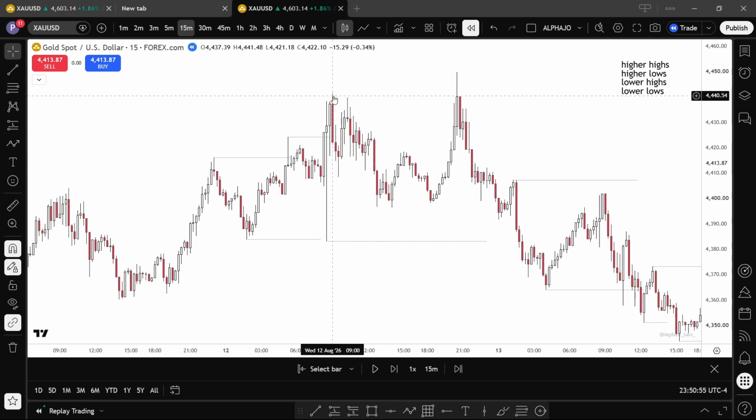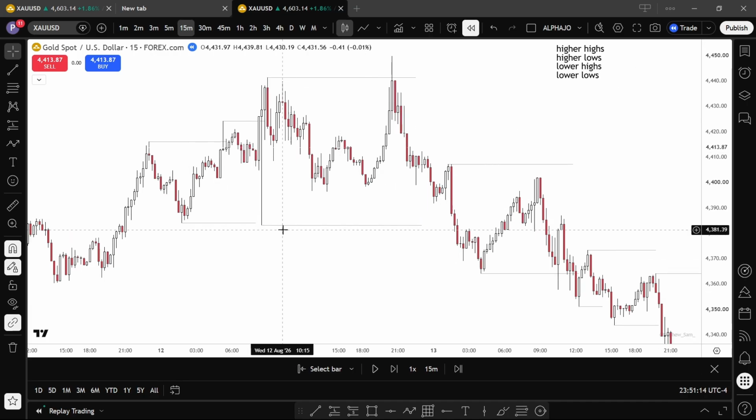But what do you see? We don't see price closing above, or we don't see price breaking. My tool is not working, so we don't see price breaking above this higher high or this important level. But what do we see? We see price rejecting off that important level. Then we later on see price breaking this important low.